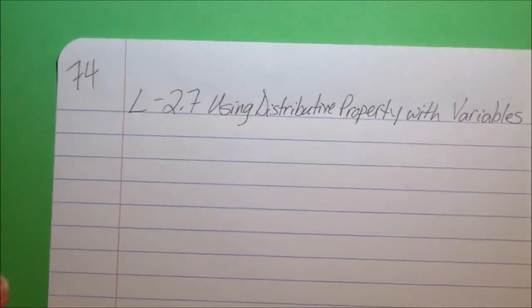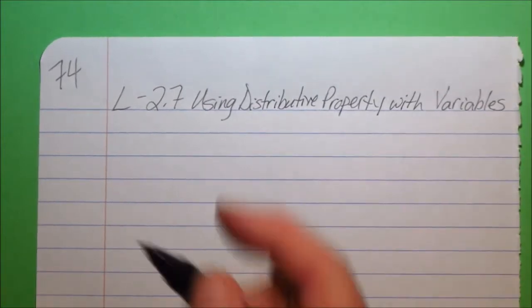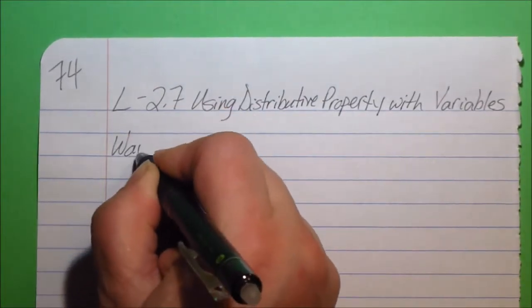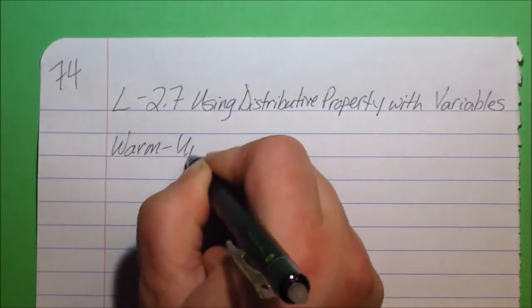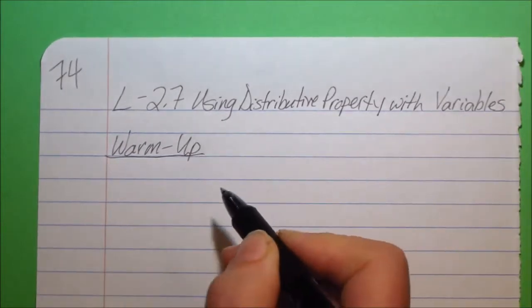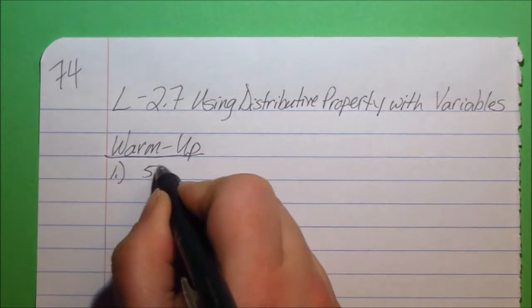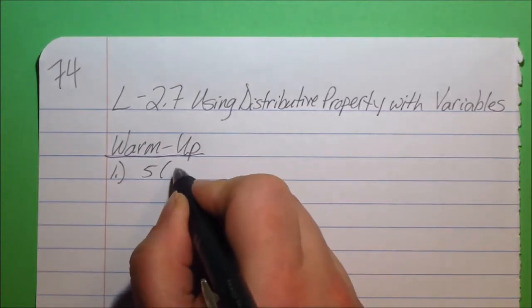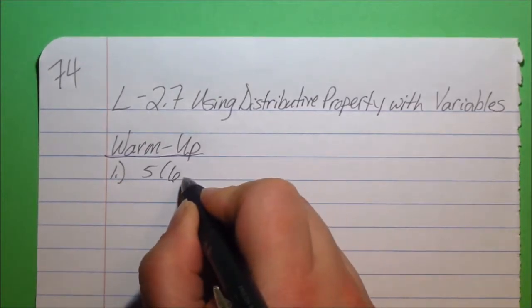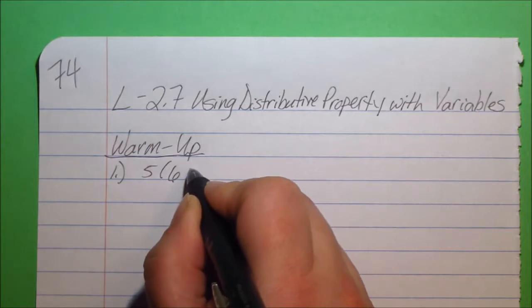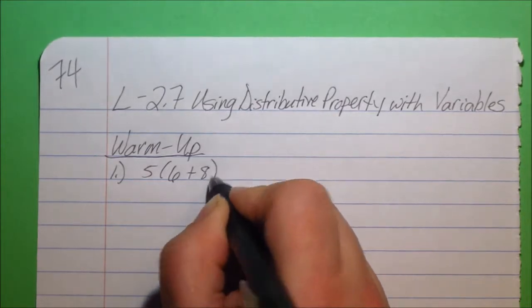All right, warm up for lesson 2.7 is number 1. Let's see if we remember how to do our distributive property from 2.6. 5 times 6 plus 8.